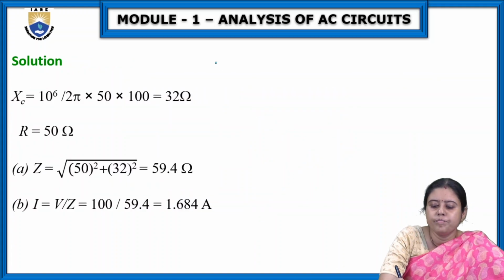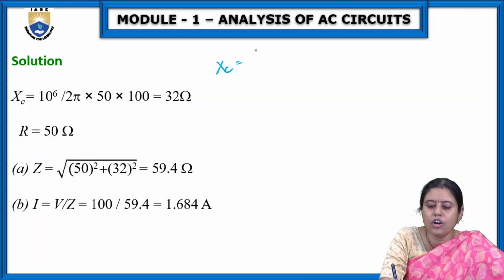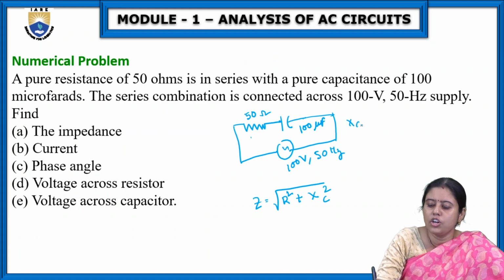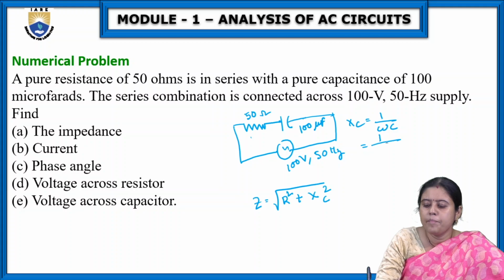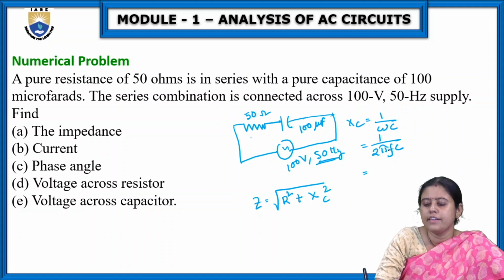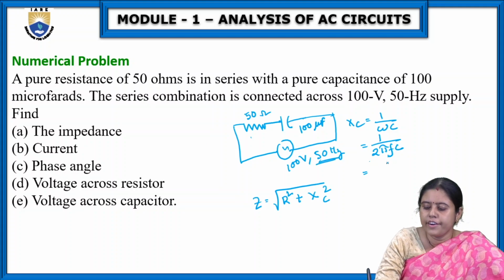What is XC? XC is equal to 1 by omega C, so 1 by 2 pi F C. The F value given here is 50 hertz, so 50 into 2 means 100.